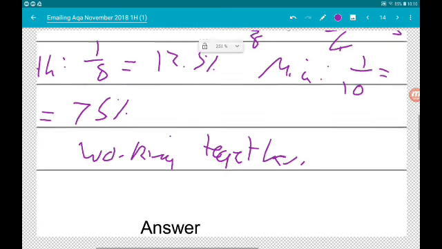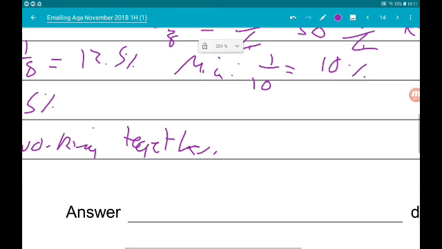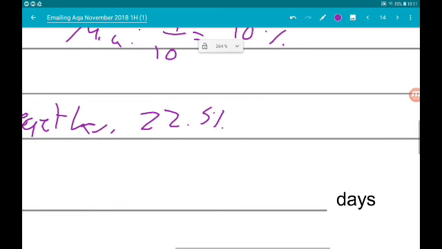So working together, they are going to do 12.5% add 10% each day. So working together, 22.5% gets done in a day.